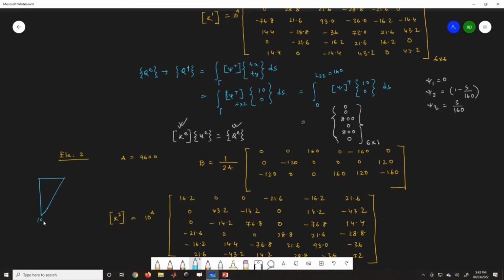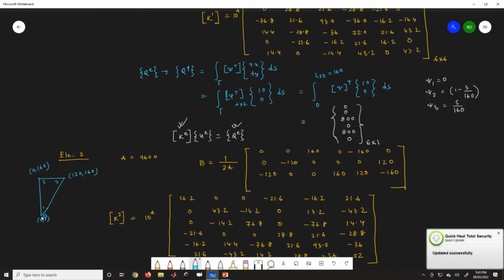So this is my 0, this is my 120, 160, then this is my 0, 160. Now this is my local coordinate, which corresponds to global coordinates 1, 3, and then 4. So naturally these degrees of freedom will be your 1, 2, 5, 6, 7, 8.